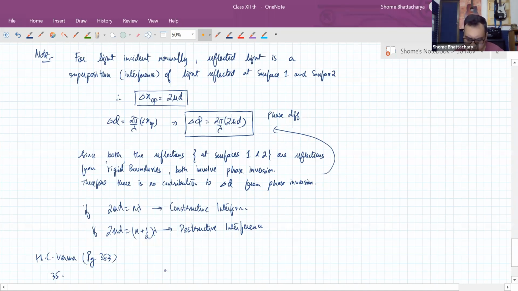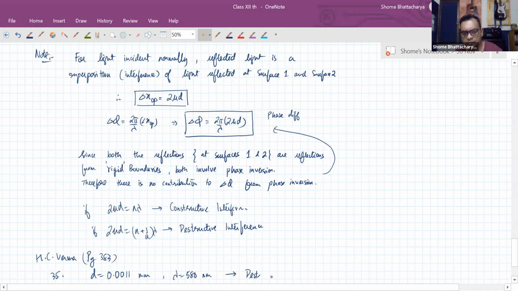So it says that we have a soap film whose thickness is 0.0011 millimeter. Okay. And it appears dark when light of wavelength 580 nanometers, which is basically something like a sodium vapor lamp, is incident.